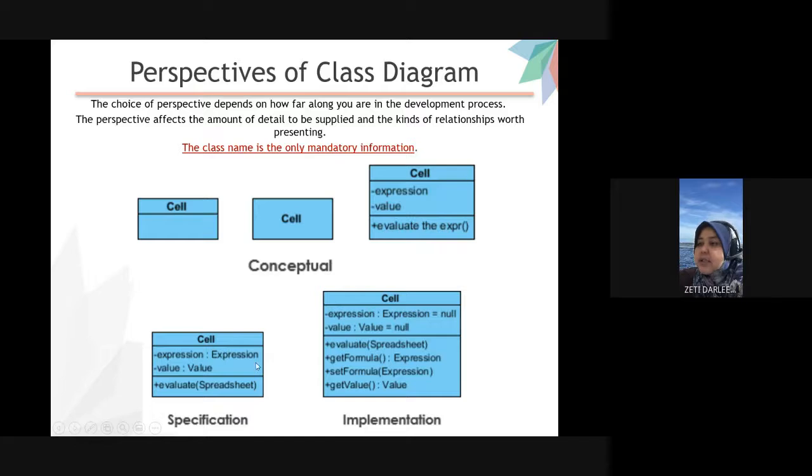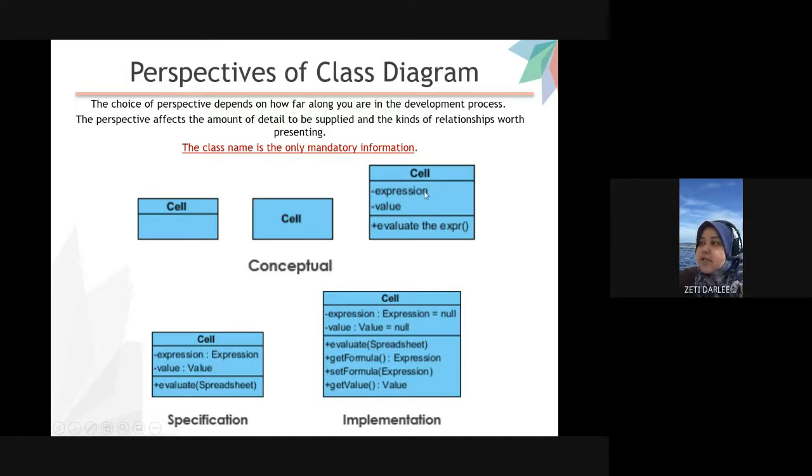Okay. This is the specification. Specification ni bila specification and implementation ni dia jadi lebih detail lah berbanding conceptual. Tapi selalunya if create untuk class diagram kita pakai yang ini. Conceptual tapi kena ada tiga partition ni, yeah?